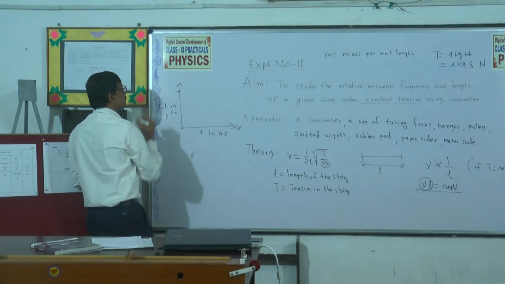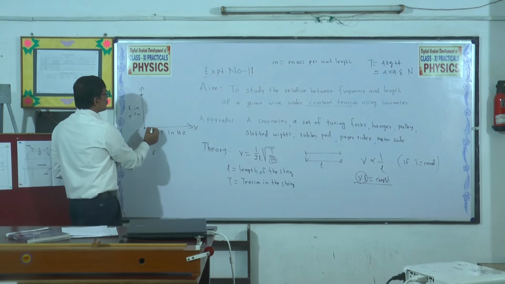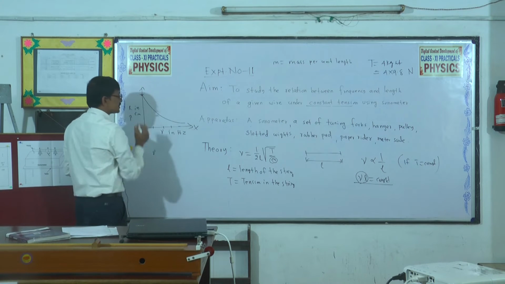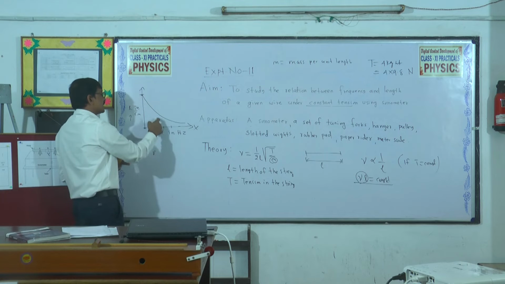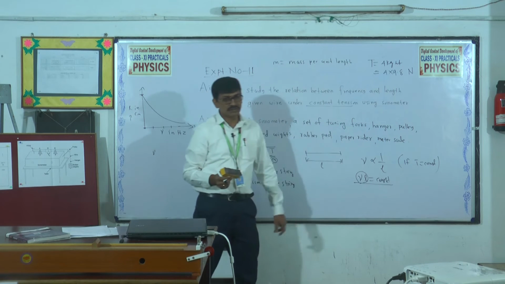Suppose this is the maximum length. Then as the frequency increases, the graph will be like this: frequency increases, but the length decreases, because they are inversely proportional to each other.